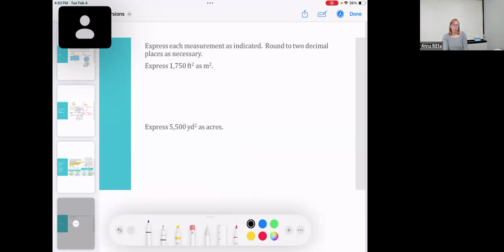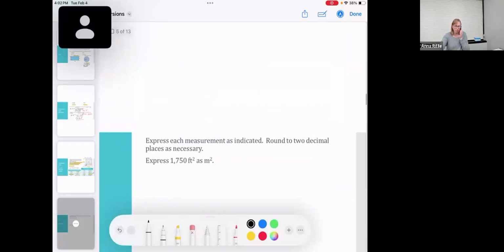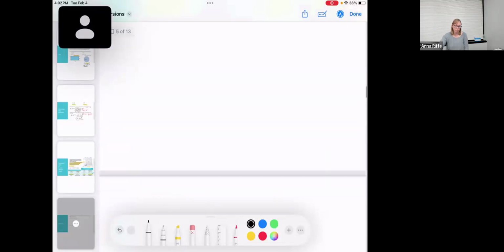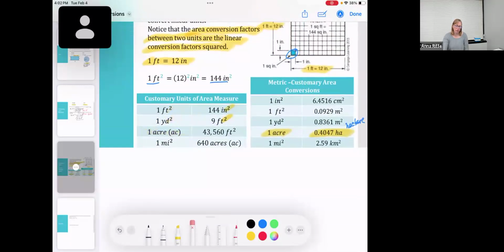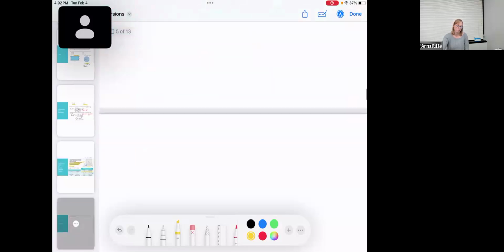So if we want to express 1,750 square feet as square meters, then I'm actually going to jump up above. Let's find the conversion between square feet and square meters on this conversion chart. It is directly given here. So it looks like 1 square foot is equal to 0.0929 square meters.